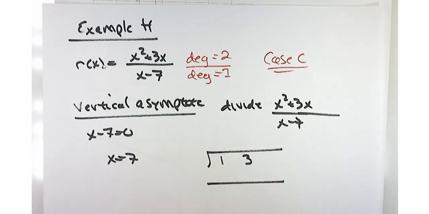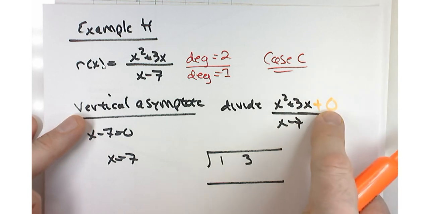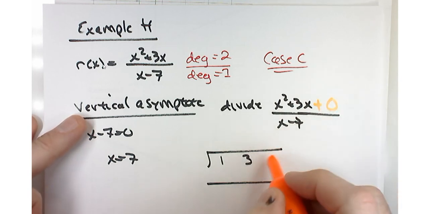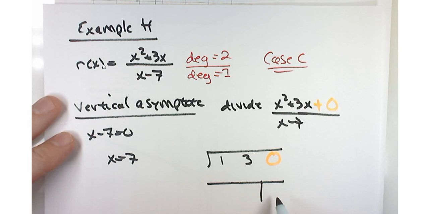Is there something else I have to write here? A 0. It's not written here, but it's understood that there's a 0 for the constant term, so we've got to write that constant term here. Good. Now, personally, when I do these things, I put that vertical bar here. That vertical bar is a reminder of what? The remainder.